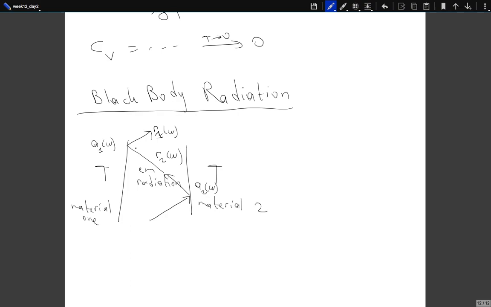Now let's add the emission. Now the thing turns out to be this emission coefficient. I think it was the absorption coefficient. This is a universal constant for all materials.